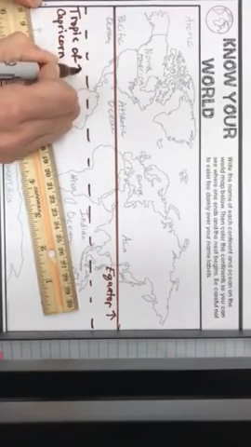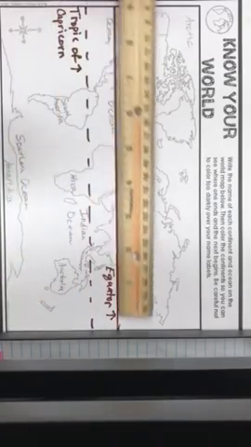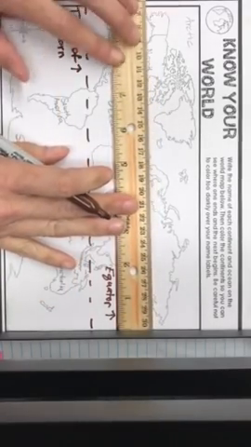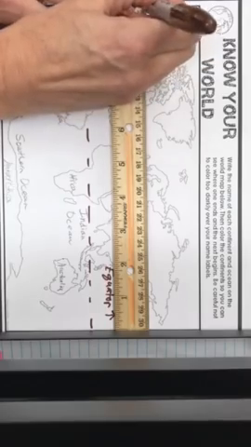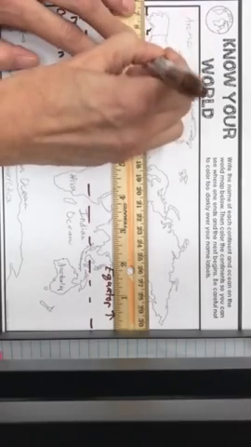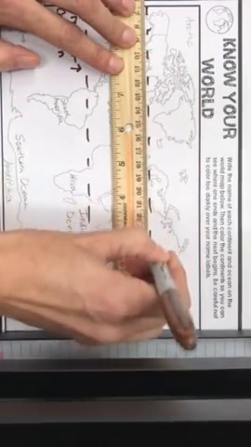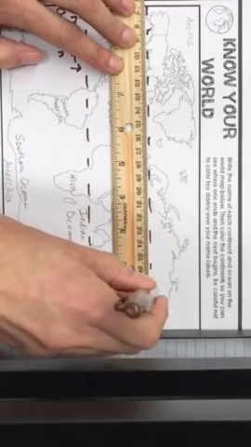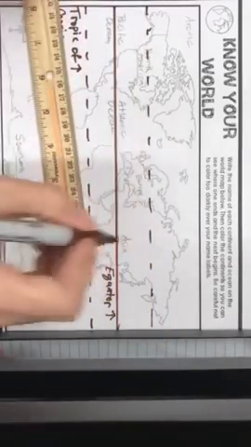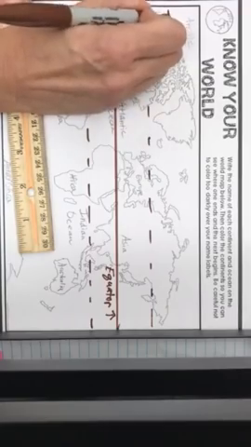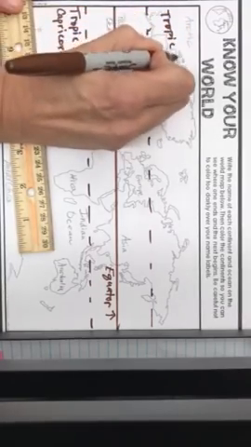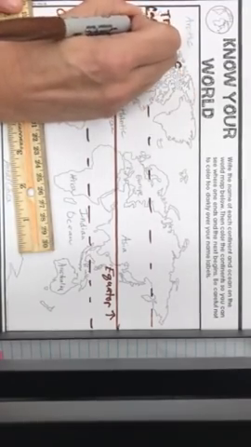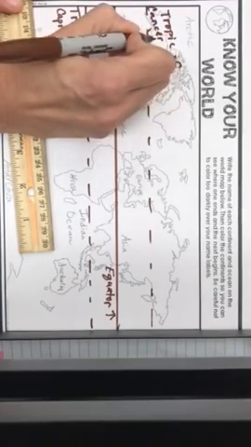Draw an arrow if you need to. And then above the equator, you have the Tropic of Cancer. Label it. Draw an arrow if you need to.